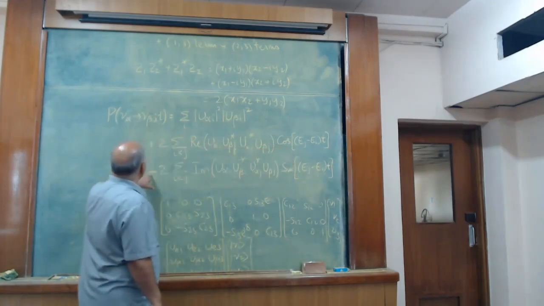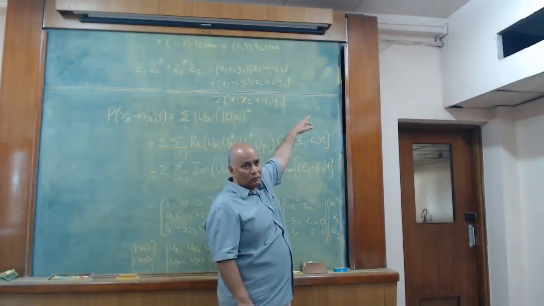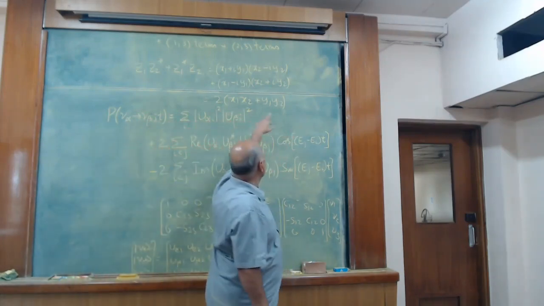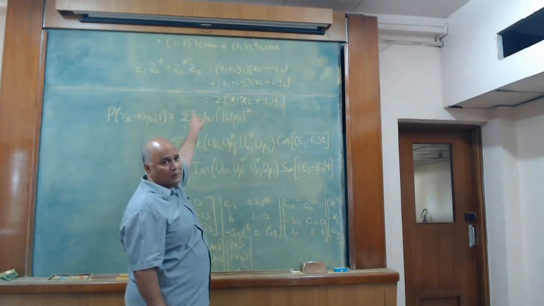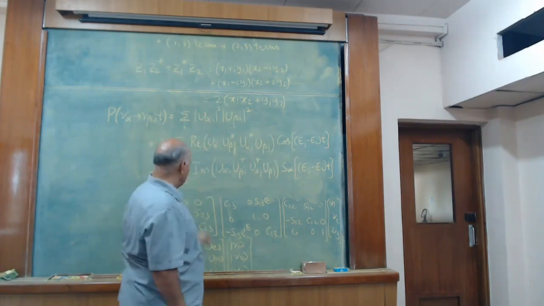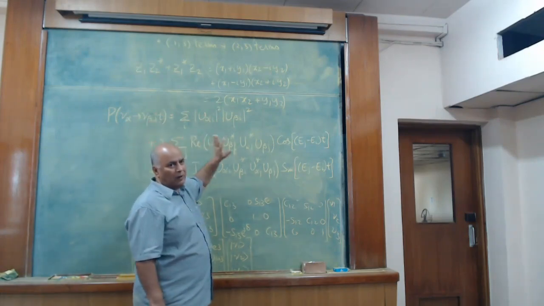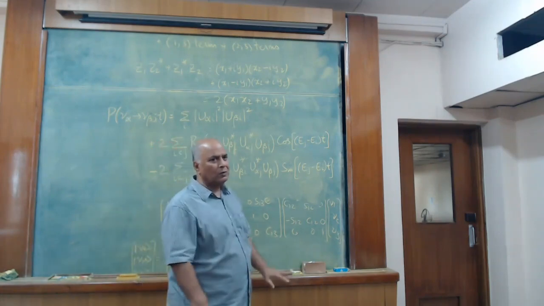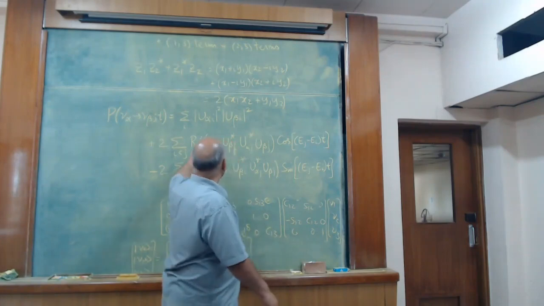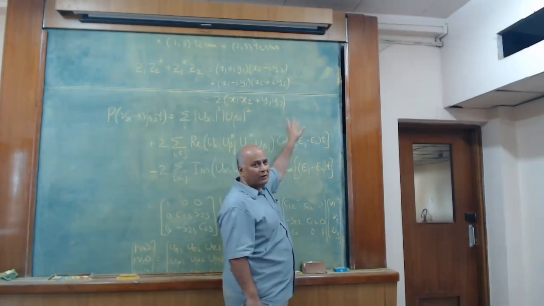The reason is that I wrote 2 times (x1 x2 plus y1 y2), but I wrote Z1 Z2 star plus Z1 star Z2, whereas here I am considering Z1 Z2 plus Z1 star Z2 star, because of which, if I do that, then this will be x1 x2 minus y1 y2.